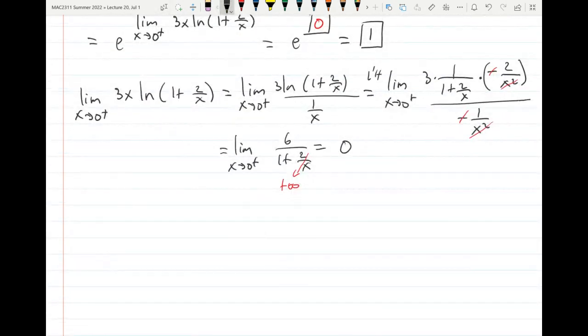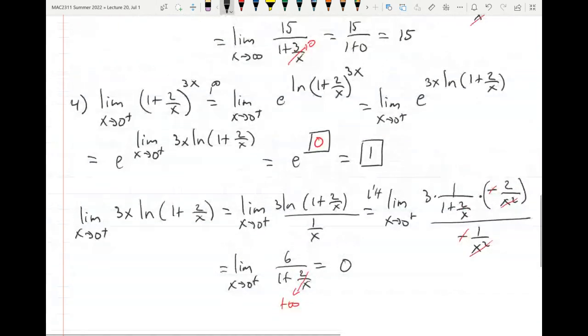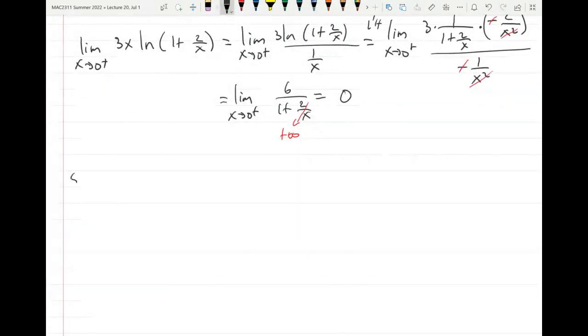Then let's compute another one. So that was number 4. So let's see, number 5. Let me look for the example here.